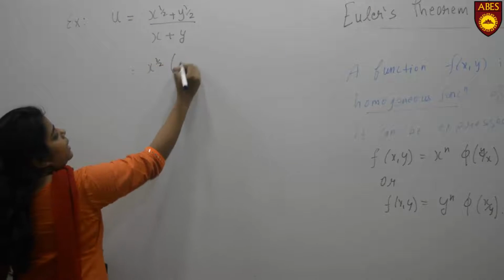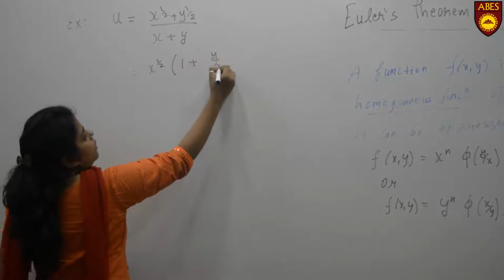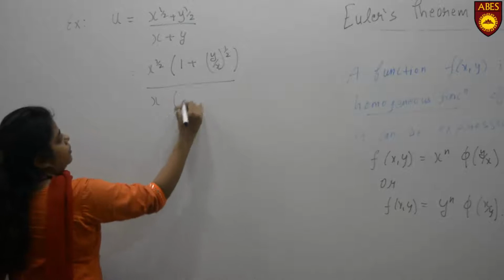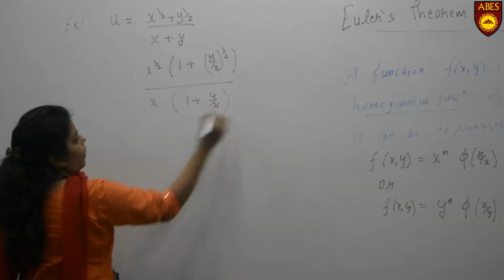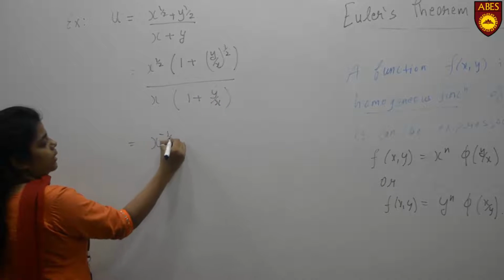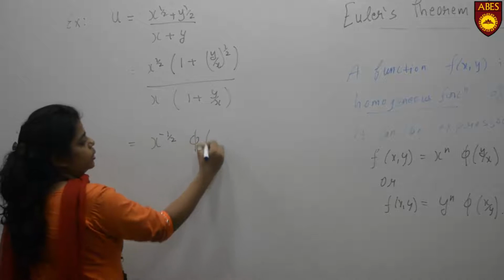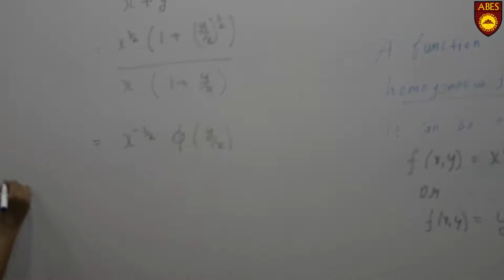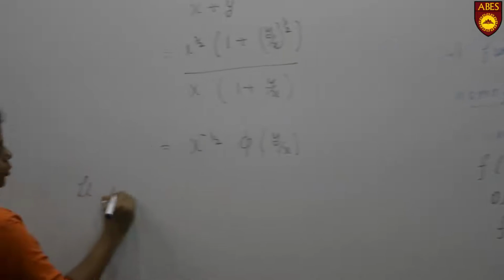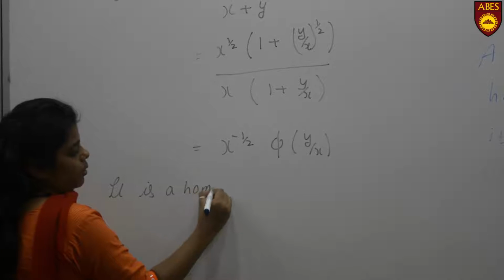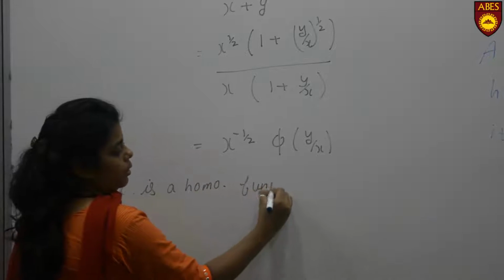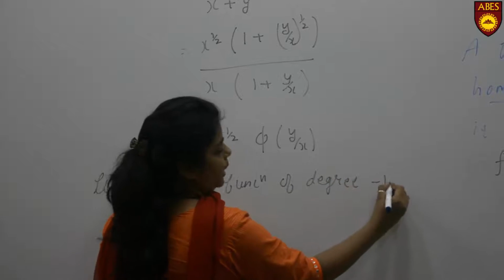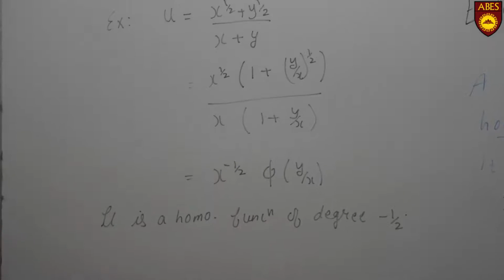Taking x to the power half common, it can be written as x to the power minus half function of y by x. So this shows that u is a homogeneous function of degree minus 1 by 2.